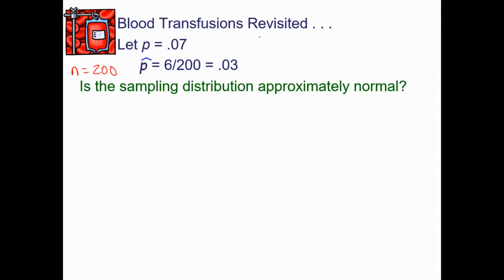So we have to make sure that n times p is greater than 10. 200 times 0.07 gives you what? 14. Good. Is that greater than 10? Yes. We're not answering the question yet. This is just testing to see if we can do a normal approximation.